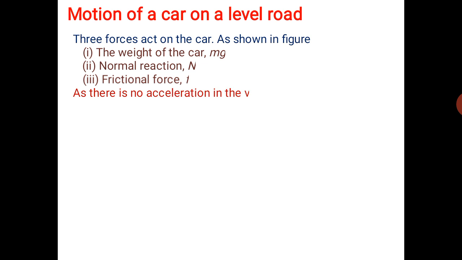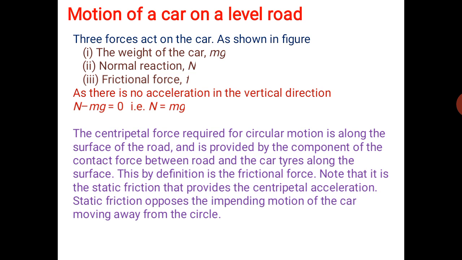Now, as there is no acceleration in the vertical direction, clearly N minus mg equals 0, or N equals mg. The normal reaction is equal to the weight of the car.